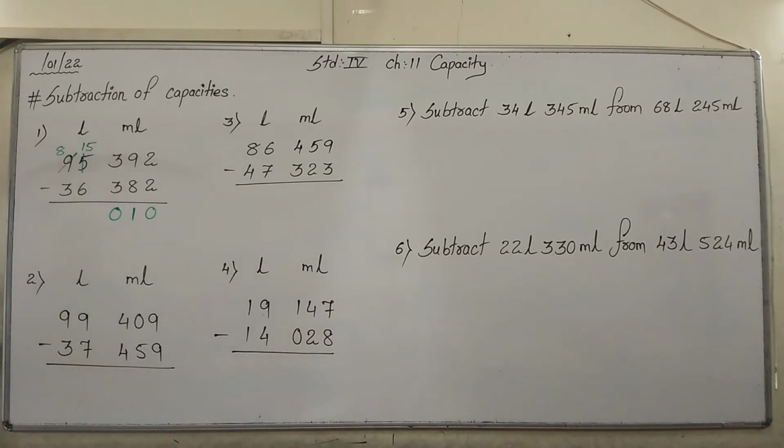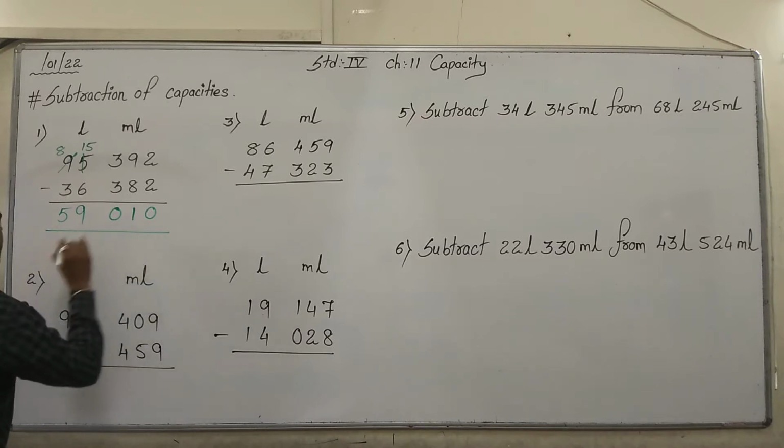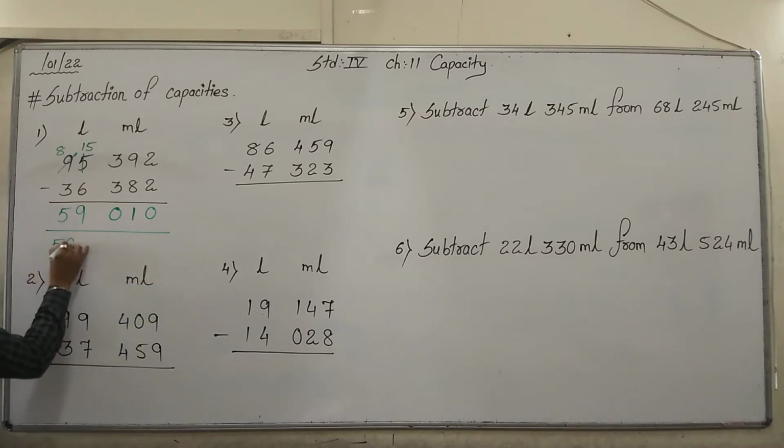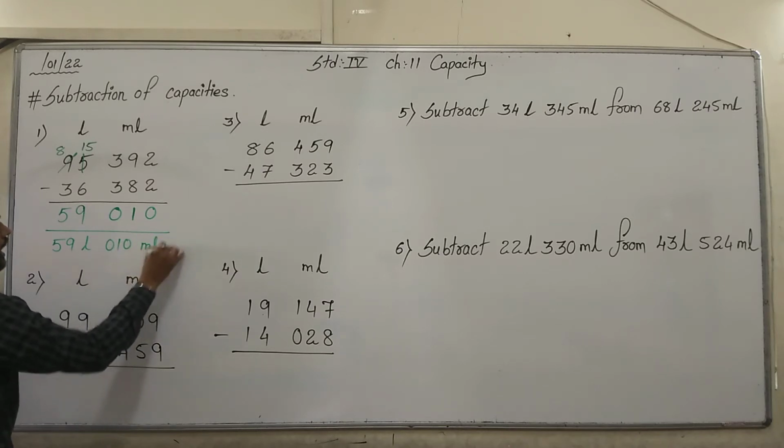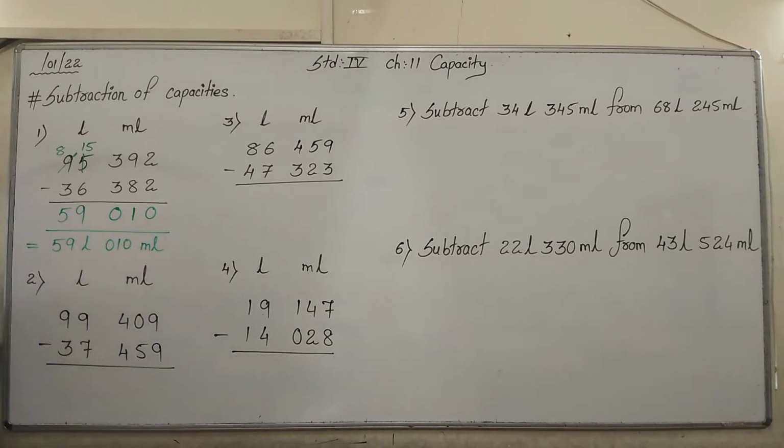Now 15 minus 6 will be 9, and 8 minus 3 will be 5. So your answer will be 59 liters 010 ml. Right? Are you getting it? It is again a very easy task.